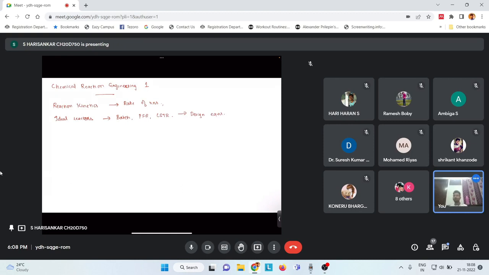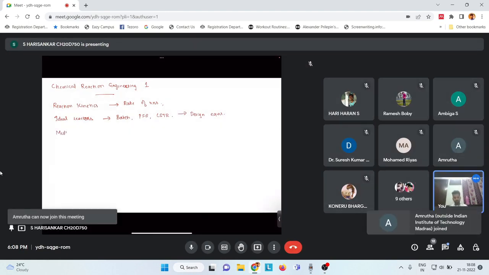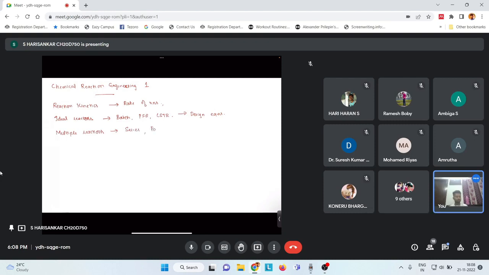And after that, we looked into some more topics such as multiple reactions. So multiple reactions are basically series and parallel, and we looked at how we can arrive at the equations for series and parallel reactions.